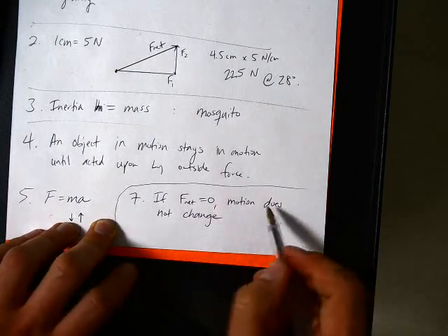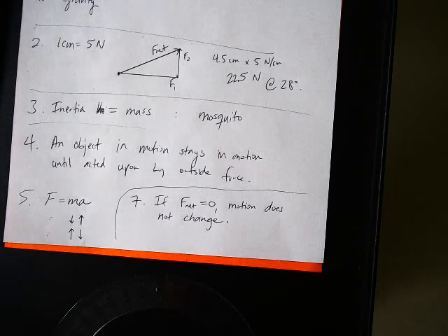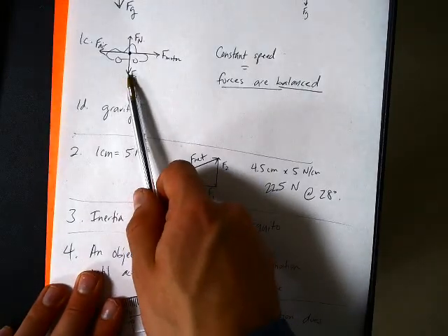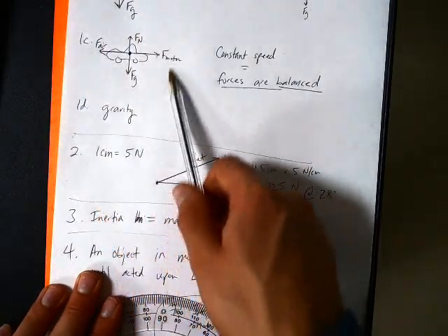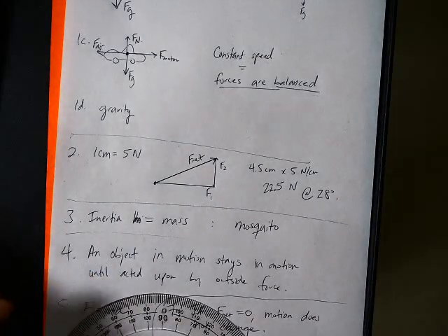Motion does not change. What does that mean? If it is already moving, it's going to keep on moving. Like the car is driving down the highway. The net force is 0. It doesn't mean it's not moving. All right, that kind of answers the last part of that question.